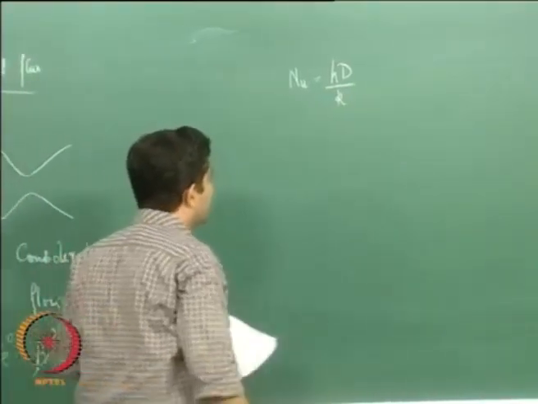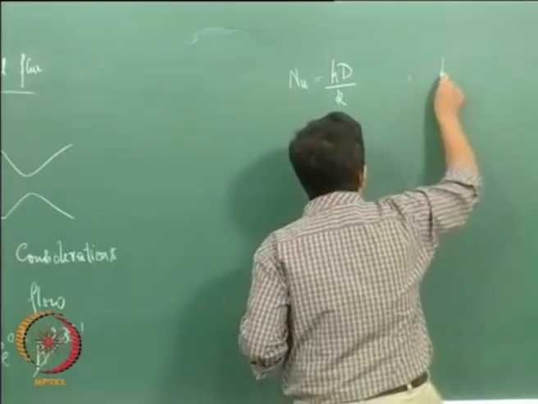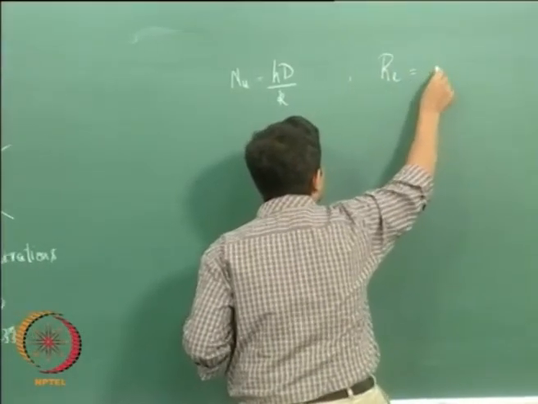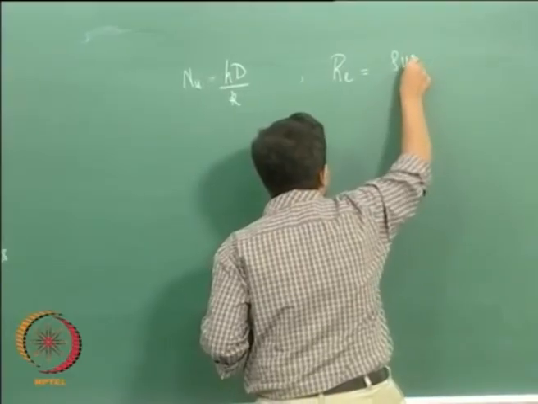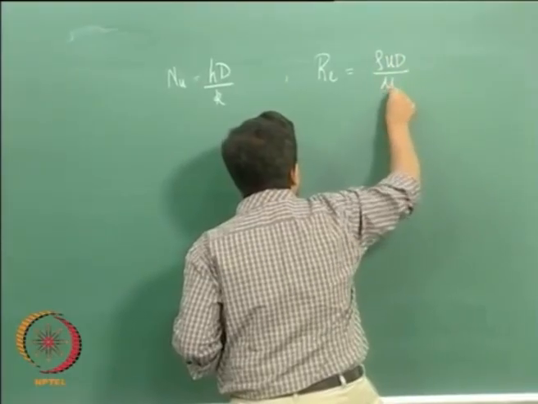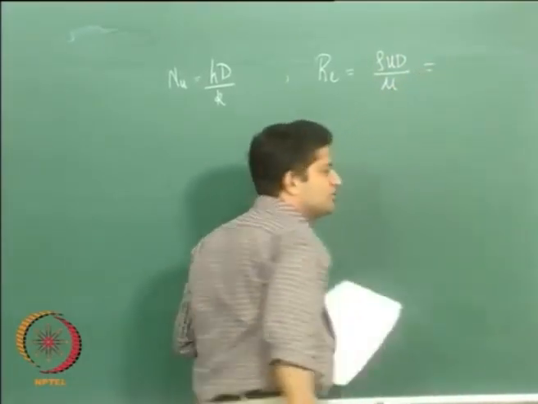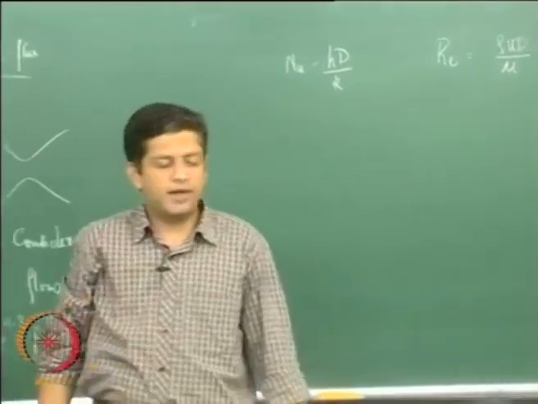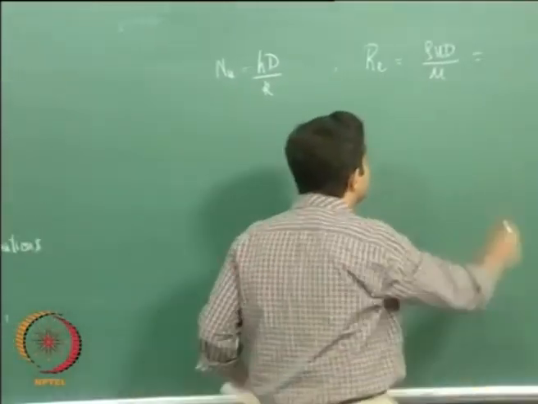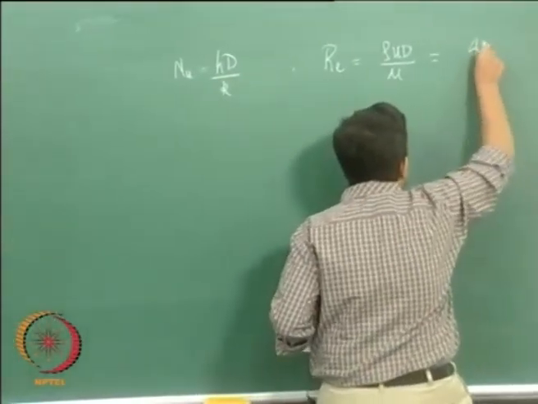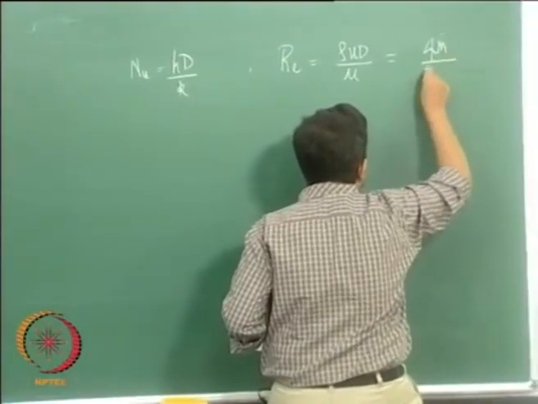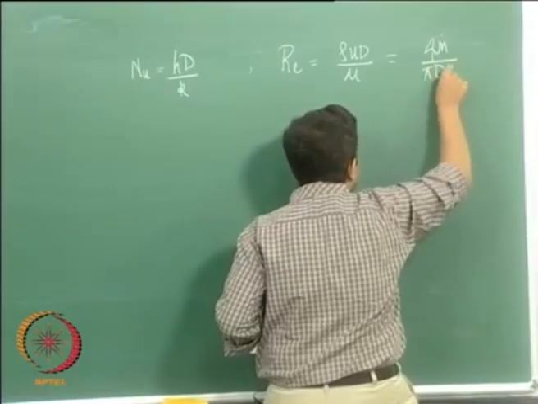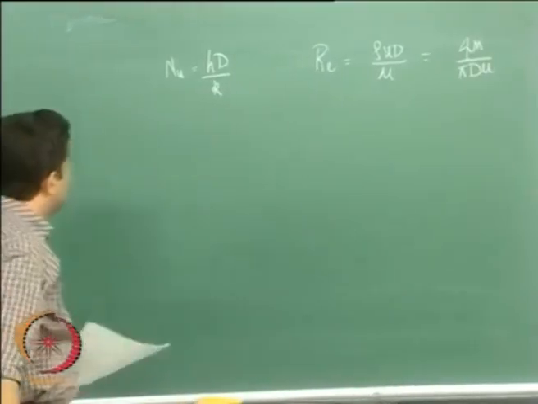and we also know Reynolds number is nothing but rho u d by mu, or in terms of mass flow rate, it is 4 m dot by pi d mu.